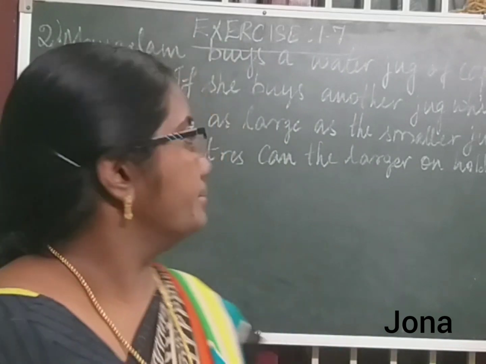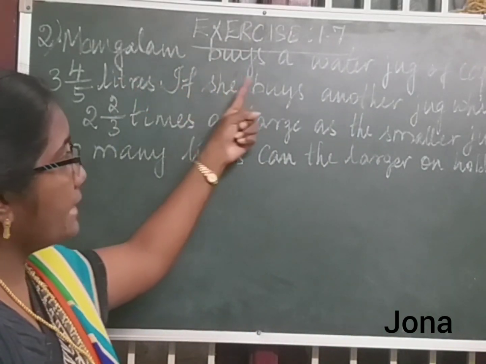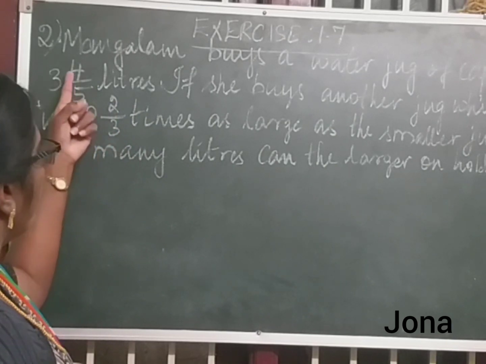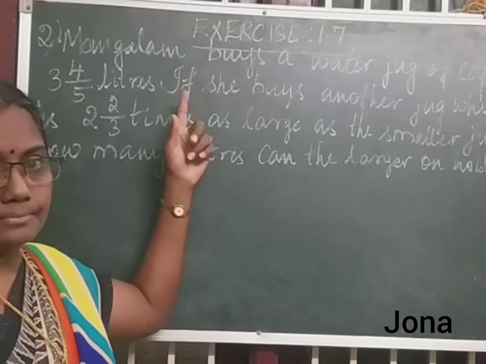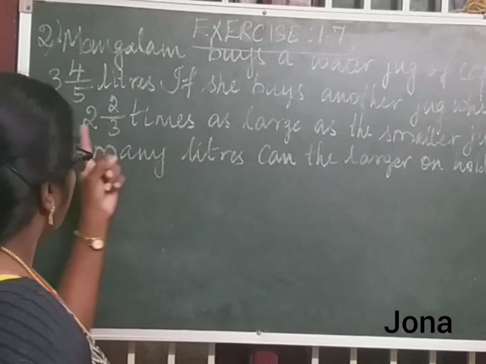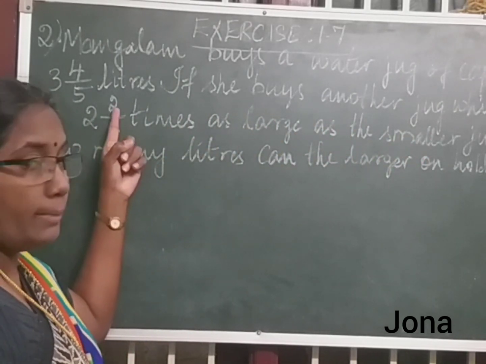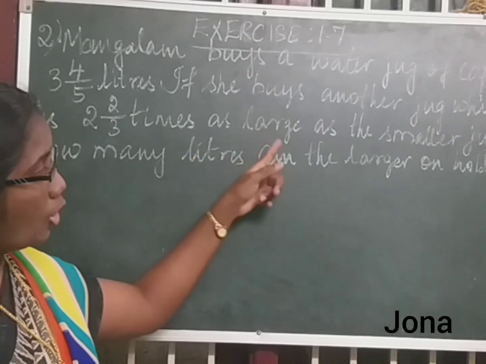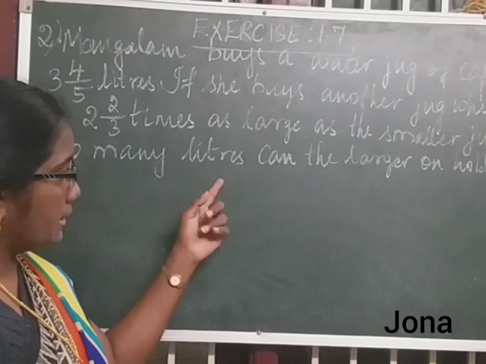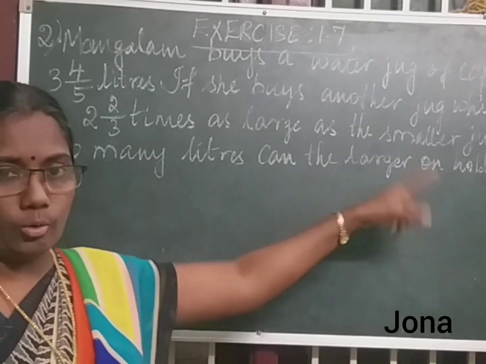Second problem. Mangalam buys a water jug of capacity 3 4/5 liters. If she buys another jug which is 2/3 times as large as the smaller jug, how many liters can the larger one hold?